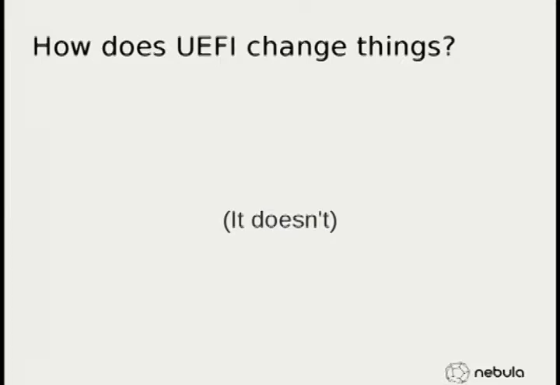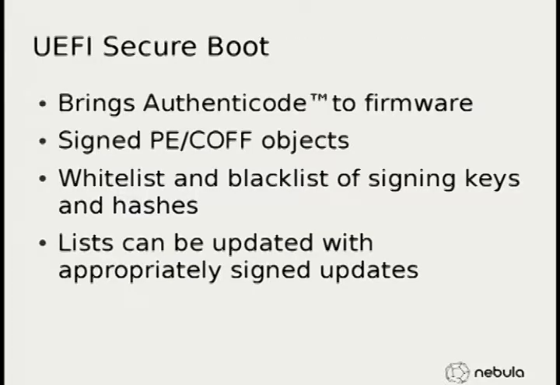I do have a point. Part of the UEFI 2.3.1 specification was a usable implementation of what's described as secure boot. Previous versions of UEFI included some of the concepts that ended up turning into this, but not in a particularly usable way. It brings Authenticode to the firmware.